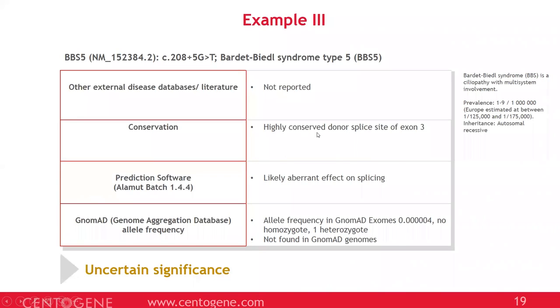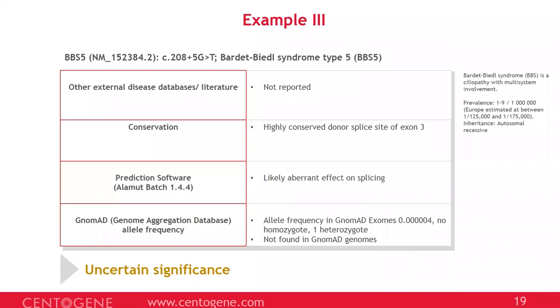It is a highly conserved donor splice site of exon 3, not reported. It was a very, very rare variant in gnomAD, but no homozygote. Only one heterozygote was identified in this database, and in the gnomAD genome, no information about this variant.